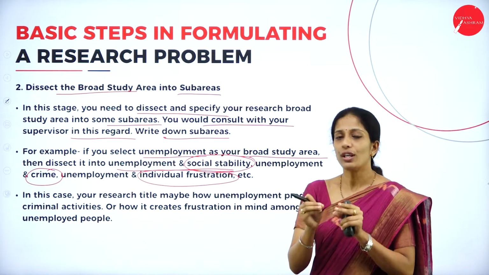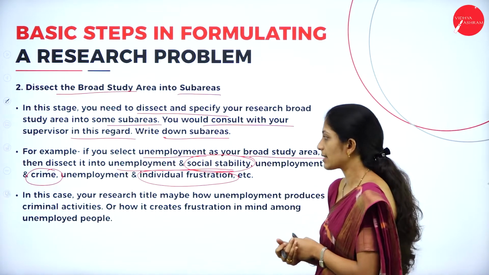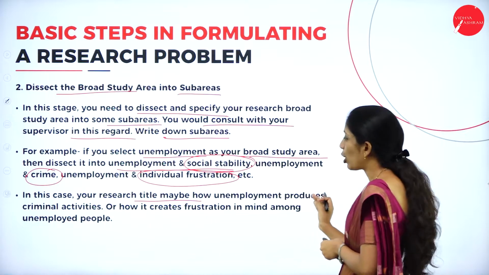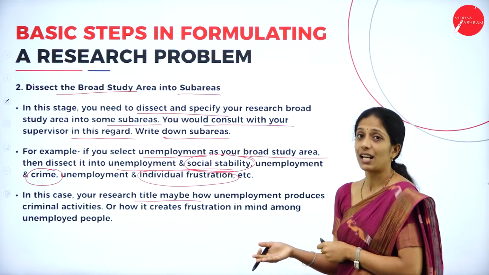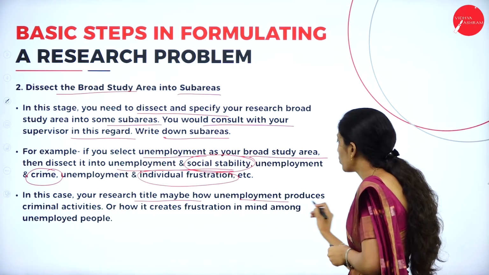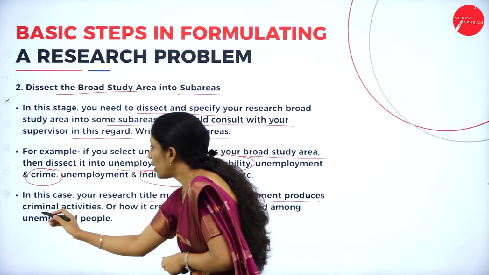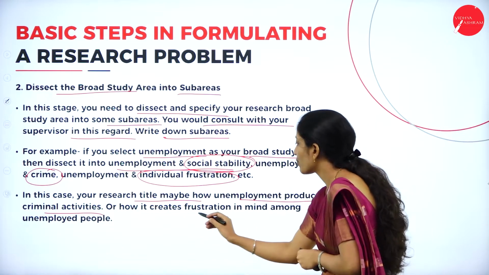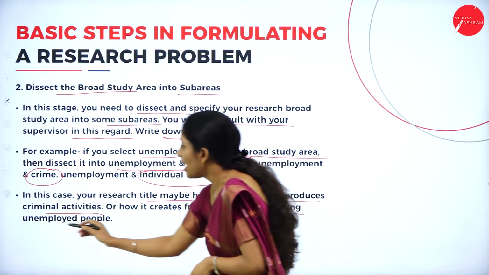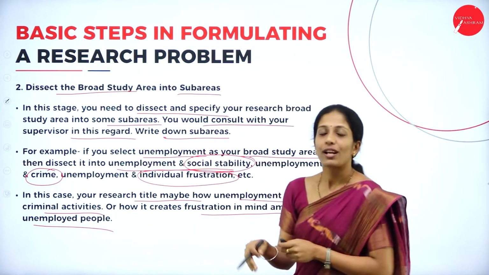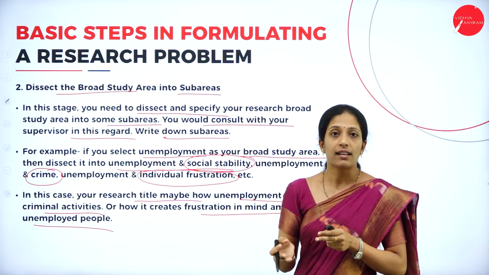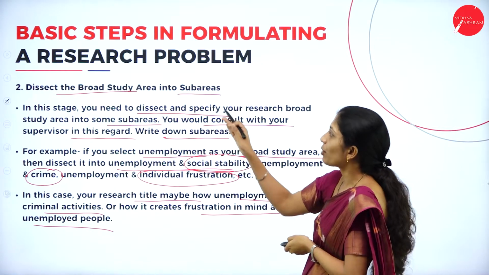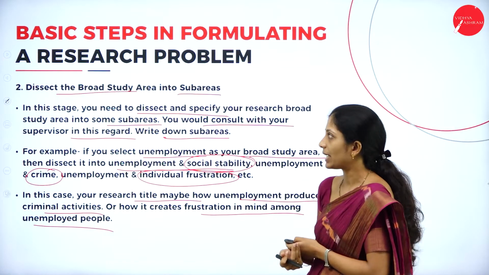In this case, your research title may be how unemployment produces criminal activity, or how it creates frustration in the mind of unemployed people. So they are going to study in detail among the sub-areas also. This is dissecting the broad study area into sub-areas.